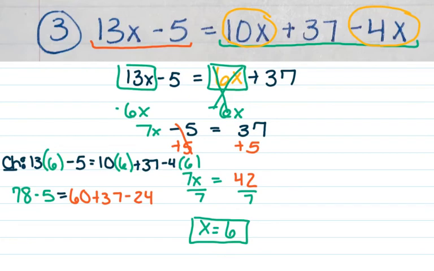Okay, and I'm just going to erase this so it doesn't get involved. All right, 78 minus 5 gives me 73. 60 plus 37 minus 24 also gives me 73. You can check that in your calculator, but that means we solved it correctly.